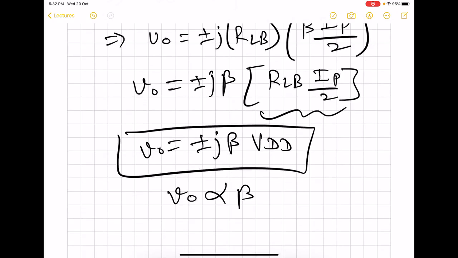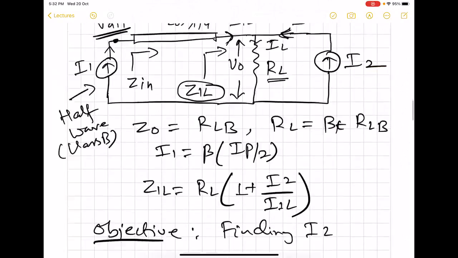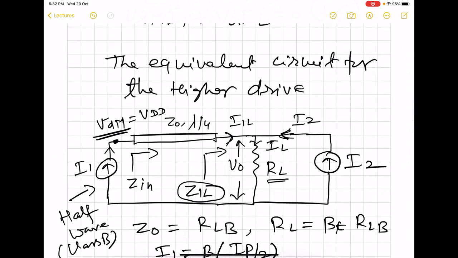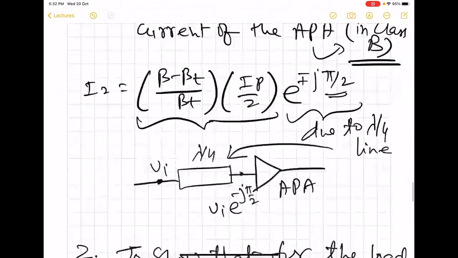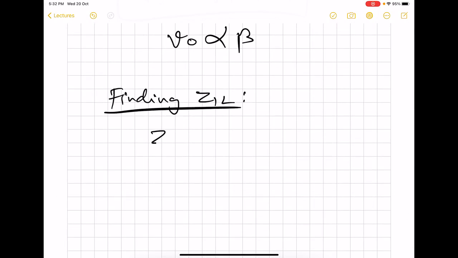Here we can also try to find out Z1L, the impedance that the main power amplifier along with the lambda by 4 line perceives. We have already seen Z1L is equal to RL into (1 plus I2 by I1L).